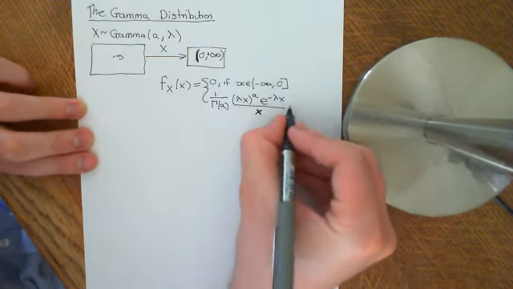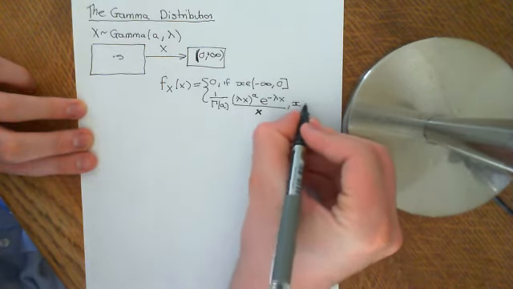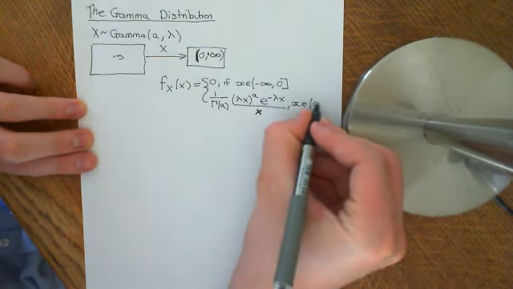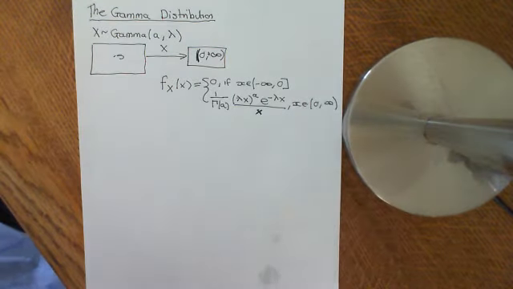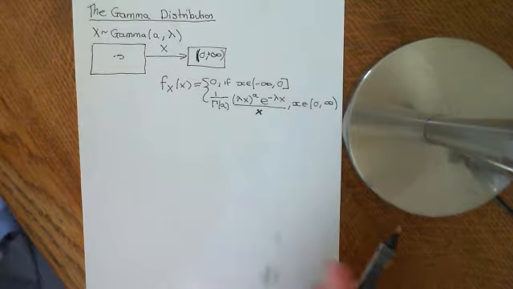Okay, so that is going to be the PDF if x is an element of the positive real numbers, from 0 to infinity.